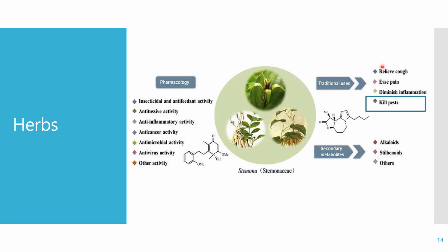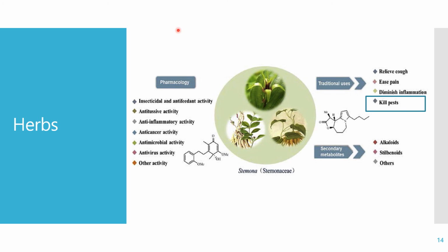According to my reading, a group of scientists found there are some components inside the leaf and root extract of Stemona that display very high insect toxicity. Insect toxicity means it has high power to kill parasites.